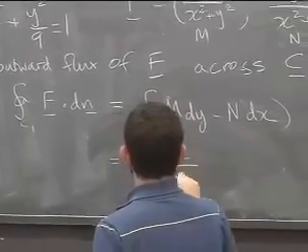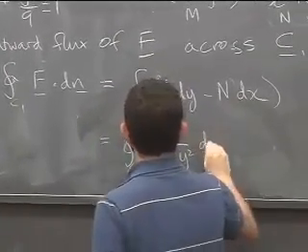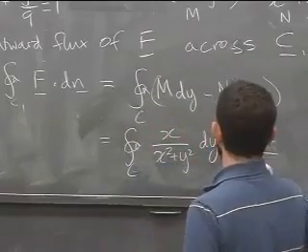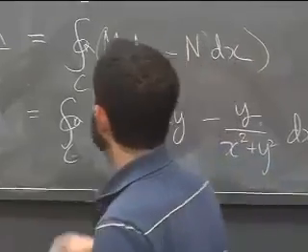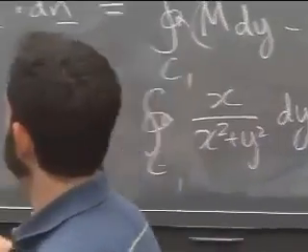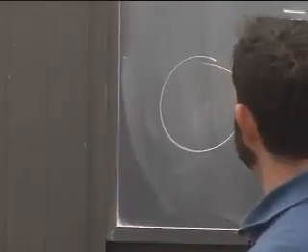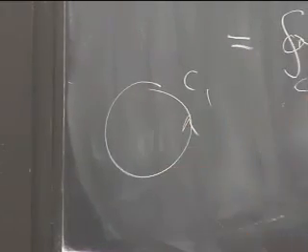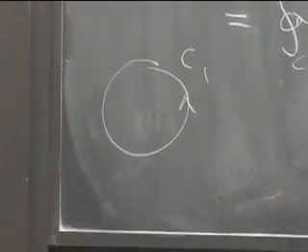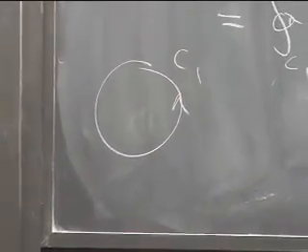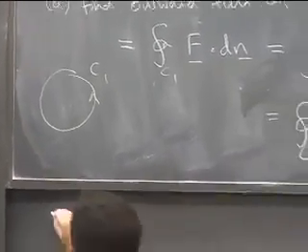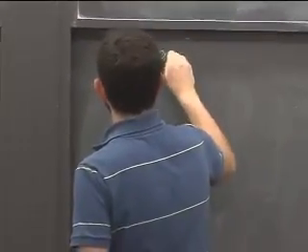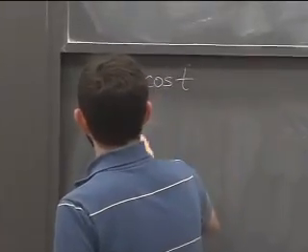X over x squared plus y squared dy minus y over x squared plus y squared dx. Now, C1 is the circle x squared plus y squared equals 1. And we can compute this directly by taking a parameterization. In fact, the best parameterization is x equals cosine t, y is sine t.